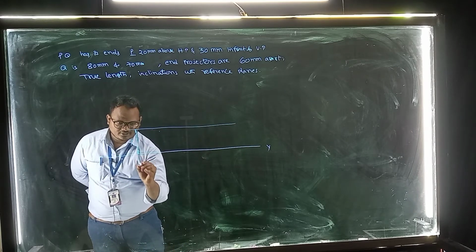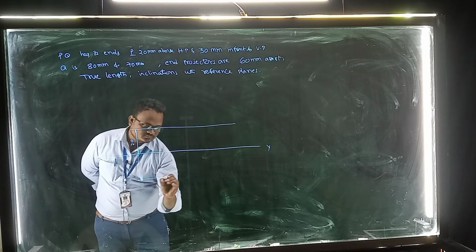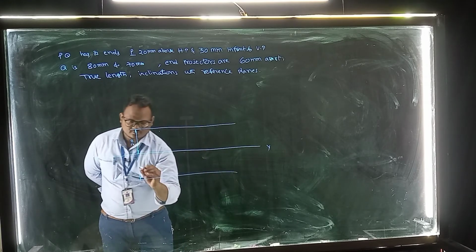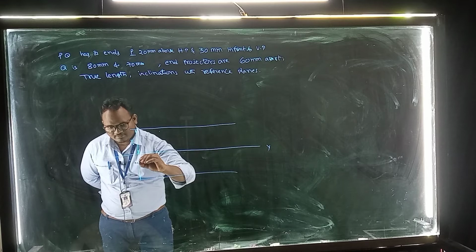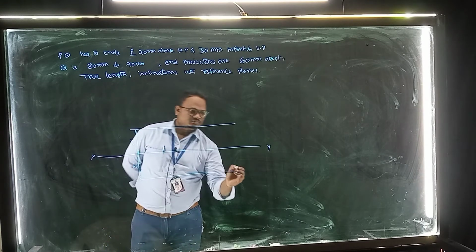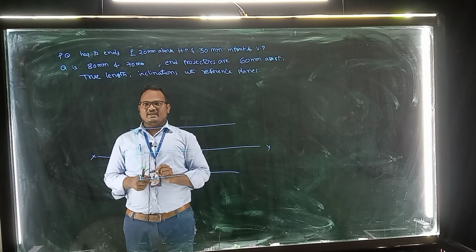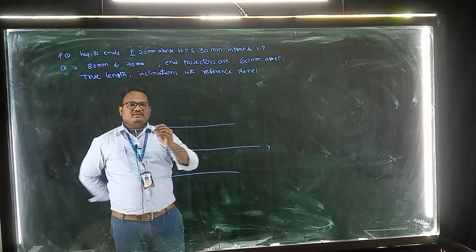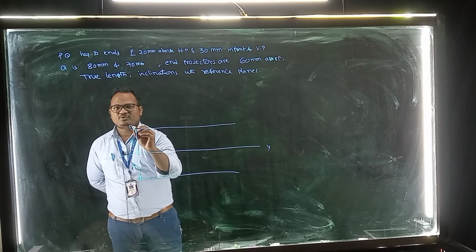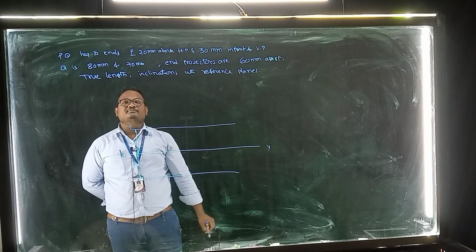So 30 mm in front, so this is 30 mm in front of VP. Okay, so instead of giving the true length and true angle of inclination, he gave this P end, front view, that's why P dash, top view, that's why small p.